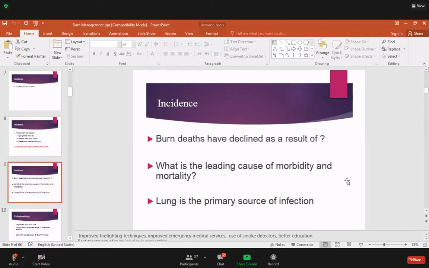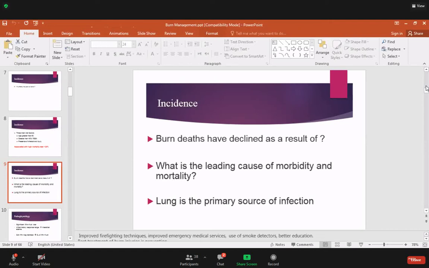Okay. Luckily now the burn deaths have declined. 10, 20 years back, the burn death rate was very high, but now it has declined. And the reason behind the decline of the burn deaths is the improvement in medical care, improvement in the protection gear that is available, improvement in emergency medical services.